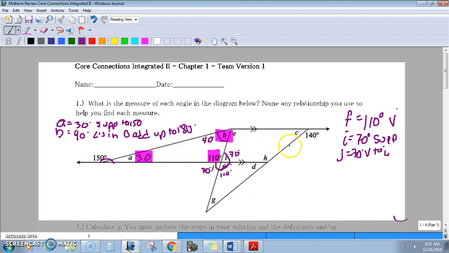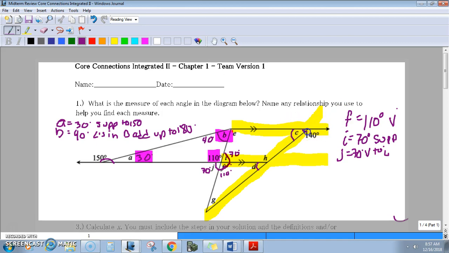And let's see here. Look over here. Now we're going to start talking about these parallel lines. So I know this line and this line, if it went on forever, would be our parallel lines. So then if we look at this line here as a transversal, I know some more information, such as I know that D and C are corresponding angles, so they're going to be exactly the same.